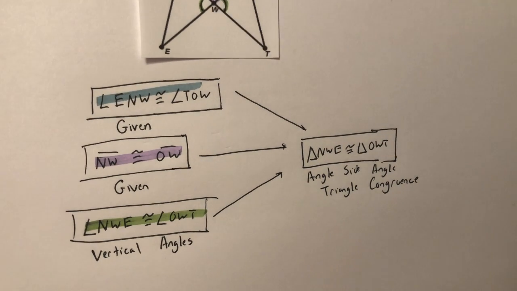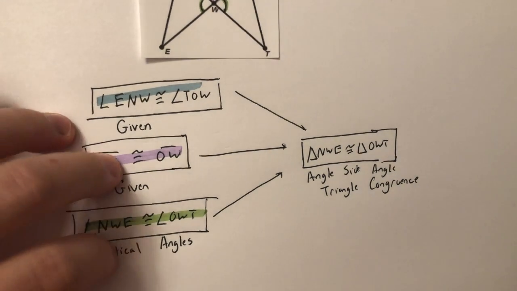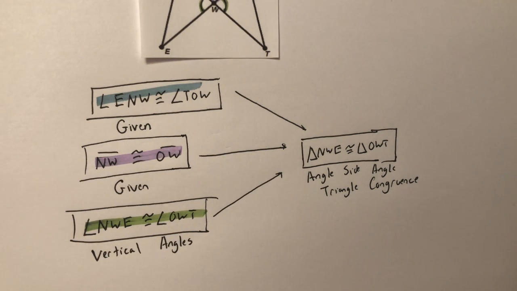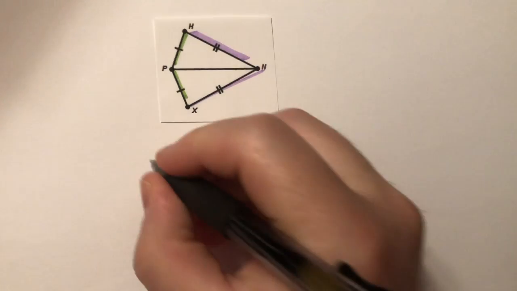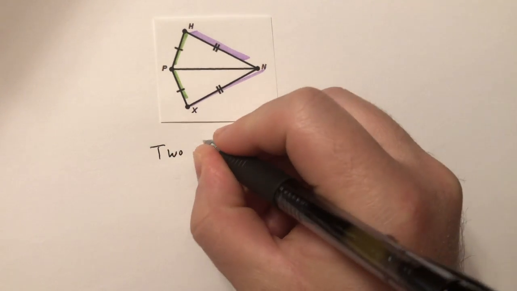Boom. All of these three pieces flow into that. Perfect. Our last type of proof is the two-column proof.